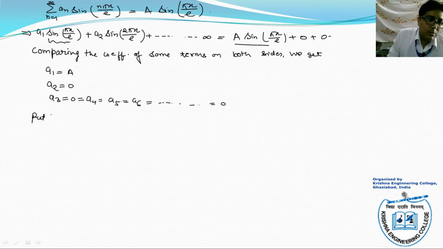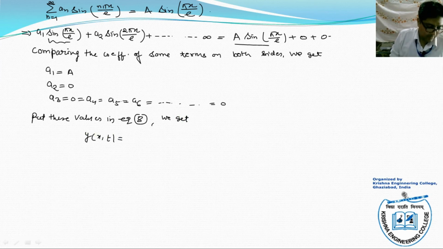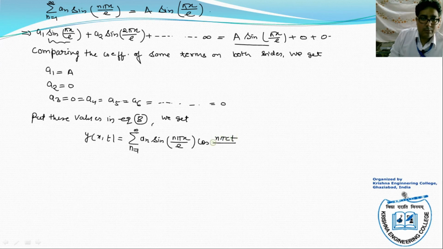Now put these values in equation number 8. Equation number 8 is y(x, t) is equal to summation n is equal to 1 to infinity a_n sin(n pi x by l) cos(n pi c t by l).